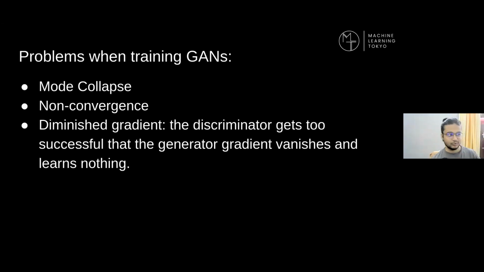let me emphasize more what mode collapse is in the context of GANs. The idea in mode collapse is that for some modalities, we are able to fool the discriminator, right?